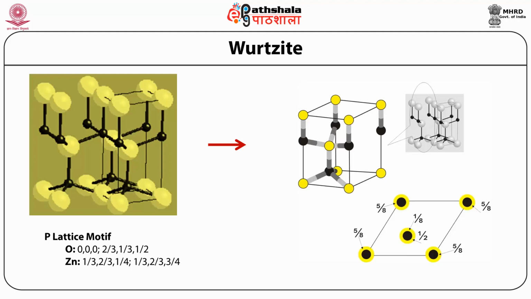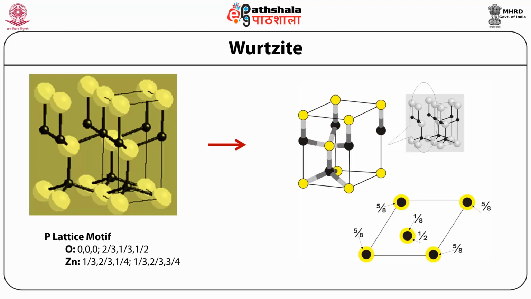The motif, as we have discussed in the previous module how to calculate the motif, for M is 0, 0, 0 and 1/3, 2/3, 1/2. Whereas for X it is 0, 0, 5/8 and 1/3, 2/3, 1/8.